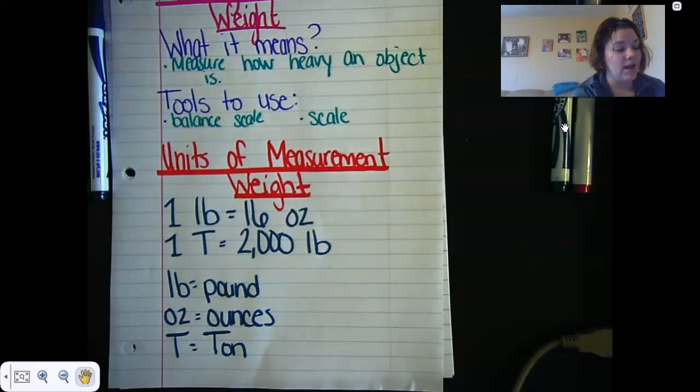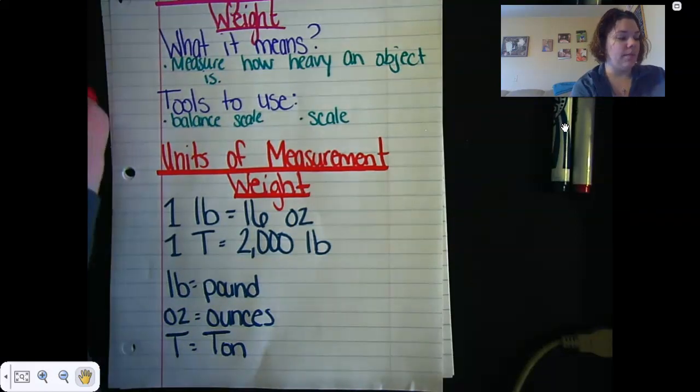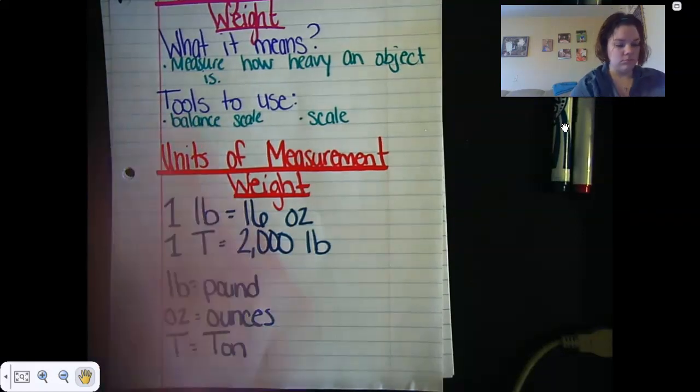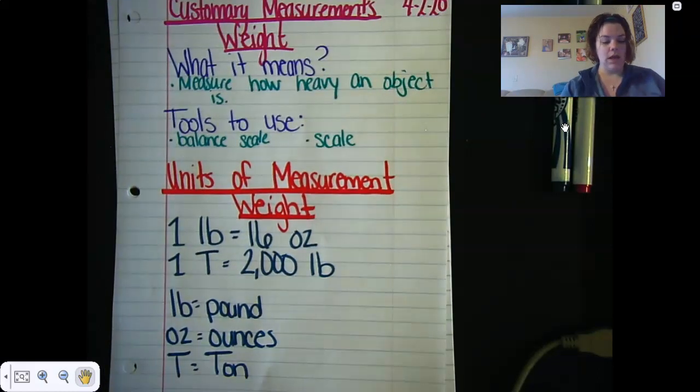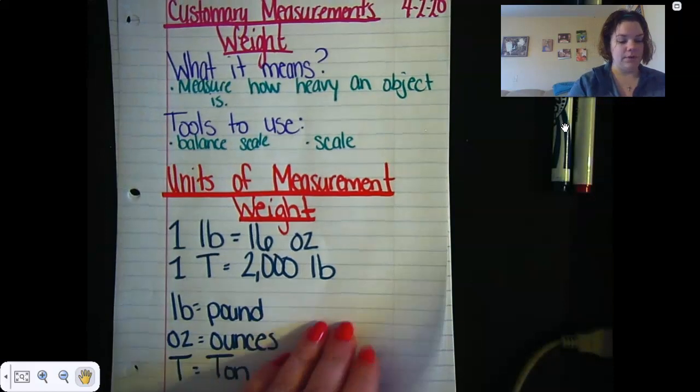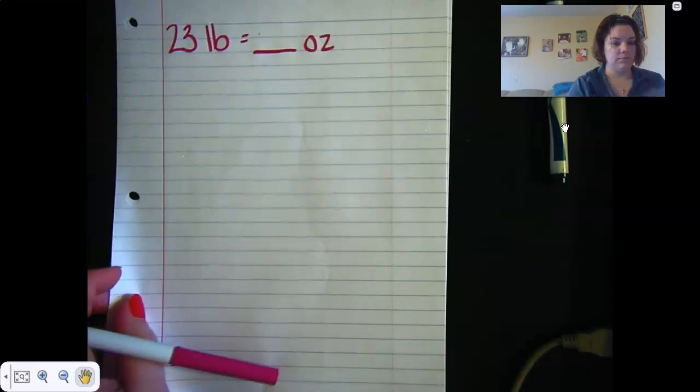So we're going to have some pretty simple math problems. And we're going to go ahead and start off with that right now. So we'll go to a different paper. So we're going to start with 23 pounds, and they want it to go to ounces. Okay.